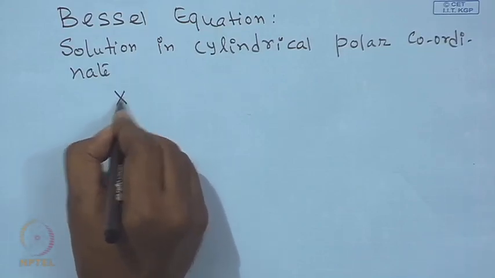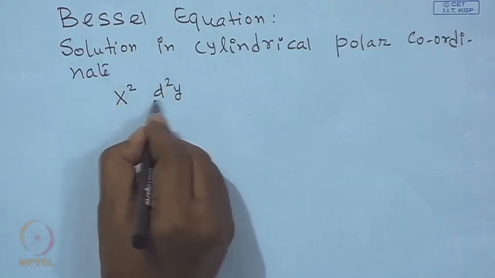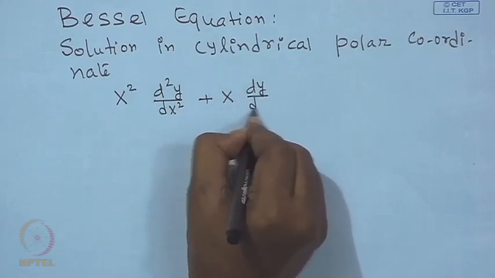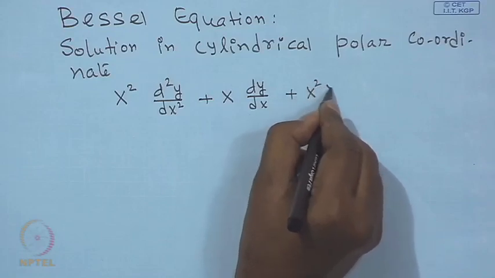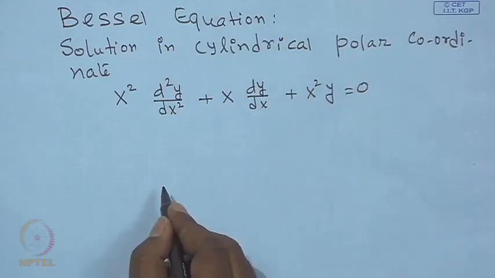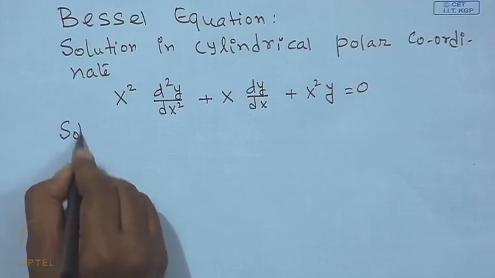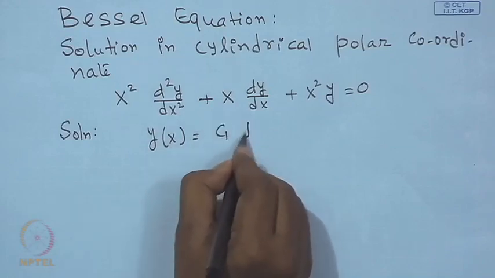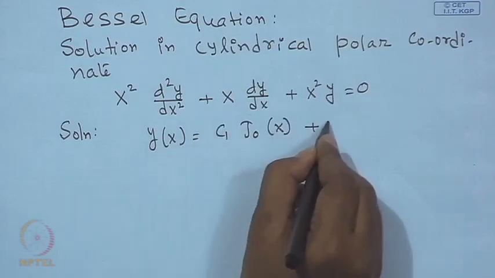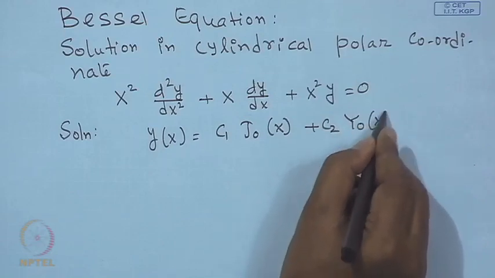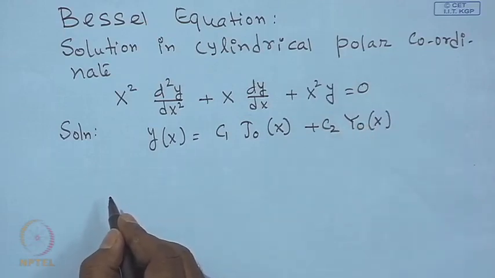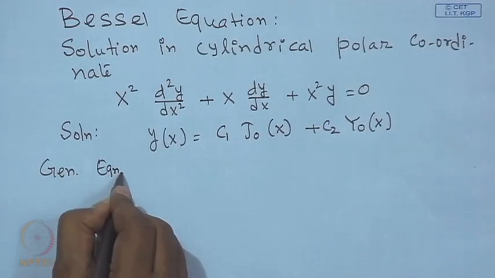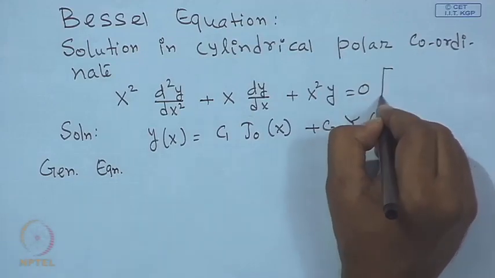The Bessel equation is in the form x square d square y dx square plus x dy dx plus x square y is equal to 0. The solution of this equation is in the form y of x is equal to C 1 J 0 x plus C 2 Y 0 x. This is known as the 0th order Bessel equation.